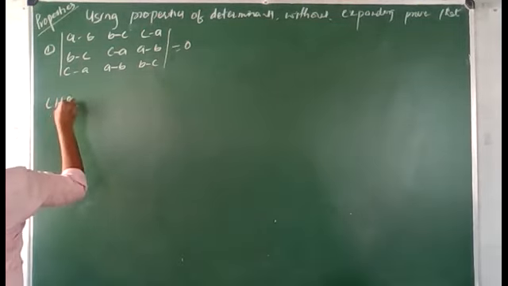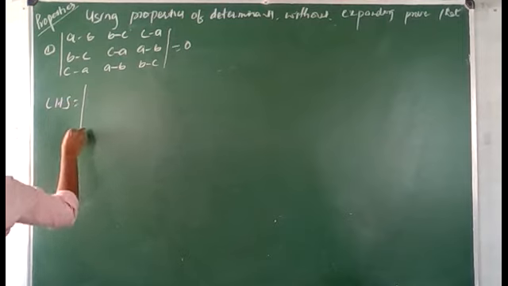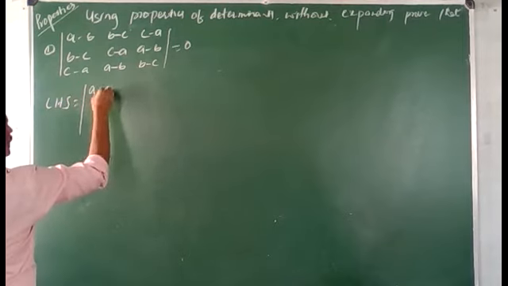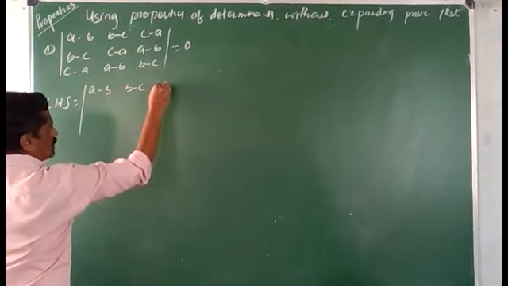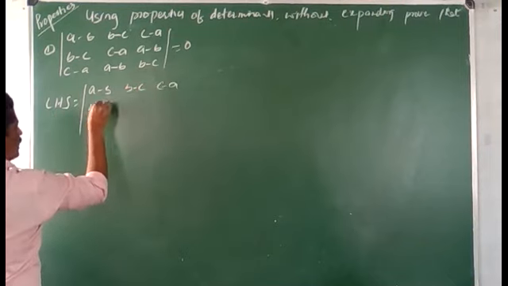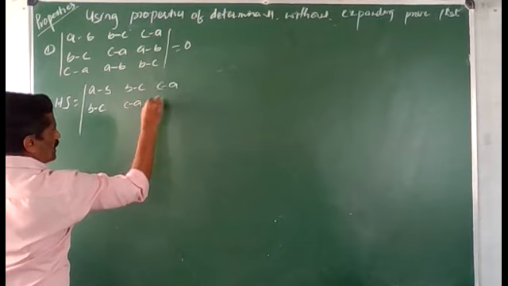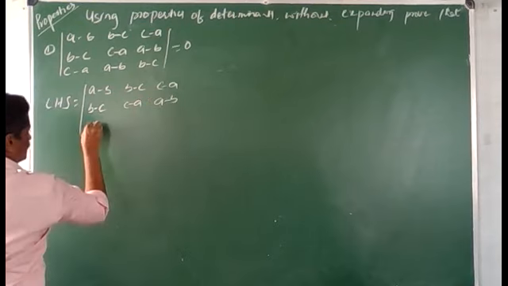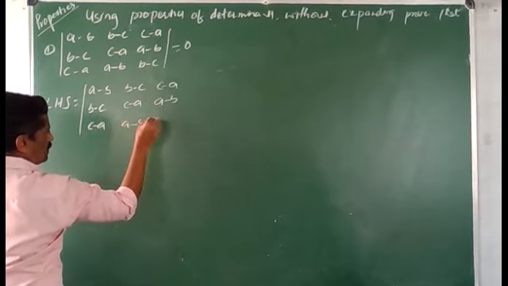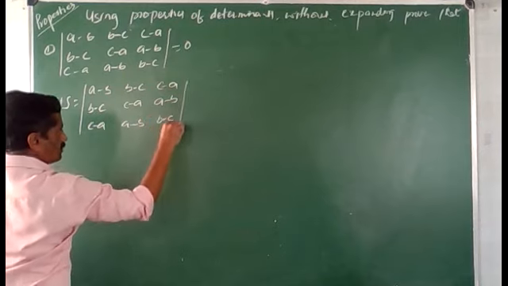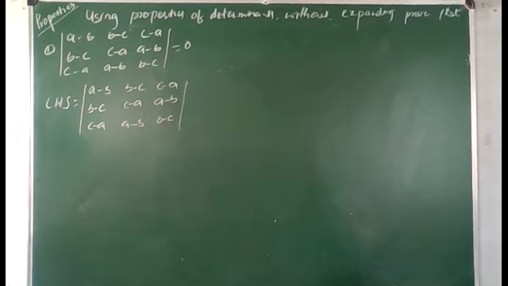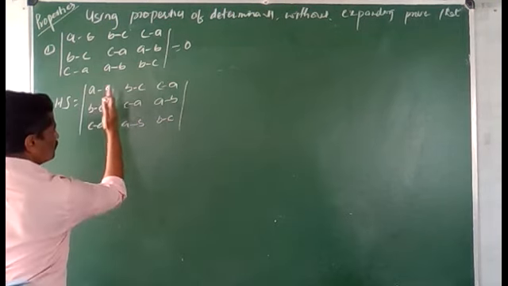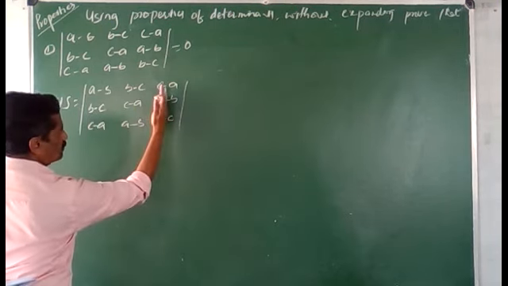LHS is the determinant of (a minus b, b minus c, c minus a), (b minus c, c minus a, a minus b), (c minus a, a minus b, b minus c). Use the properties to solve this question. So we add the first column, second column, third column.